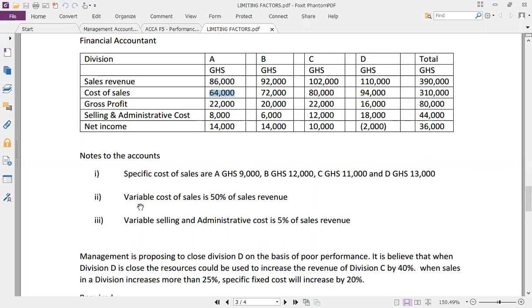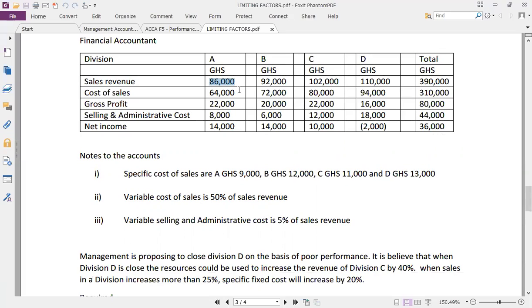Let's continue. Variable cost of sales is 50% of sales revenue. That's easy. So if I find 50% of 86, give me the variable cost of sales.